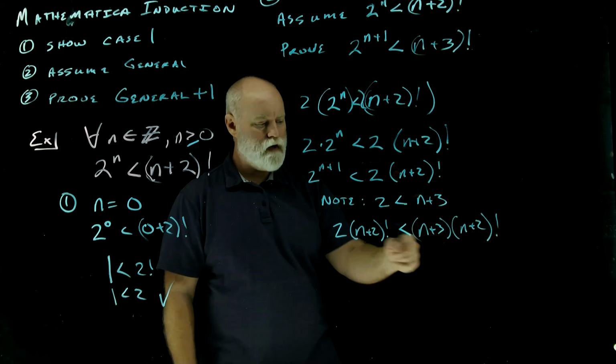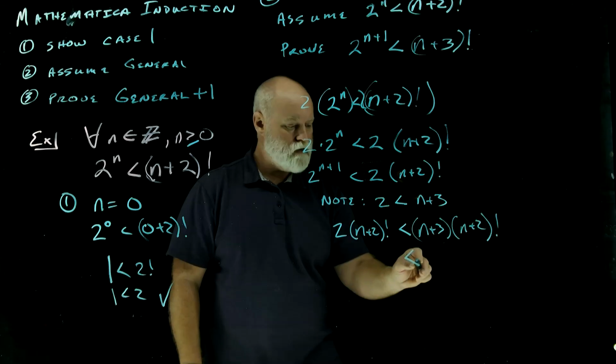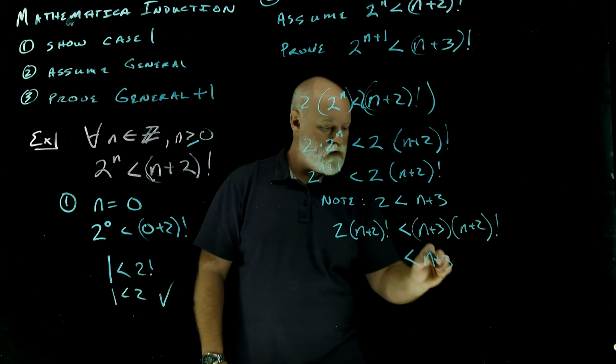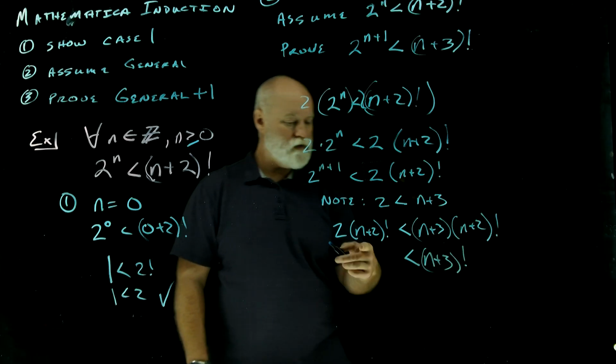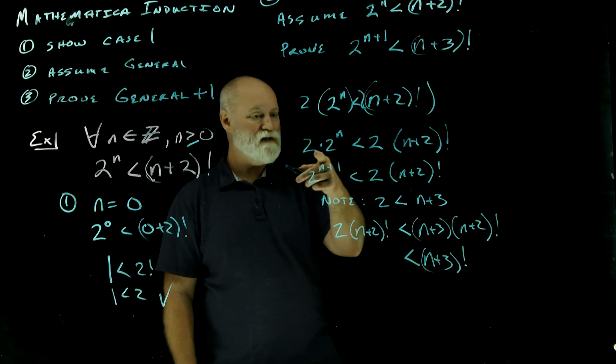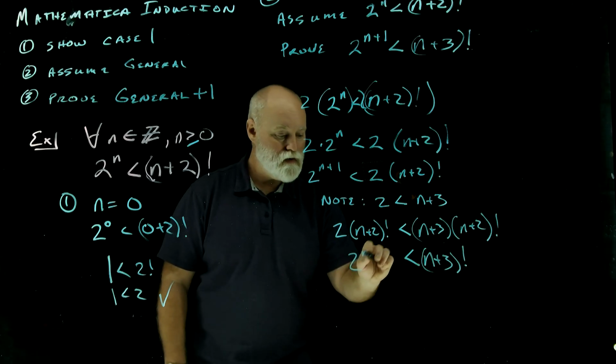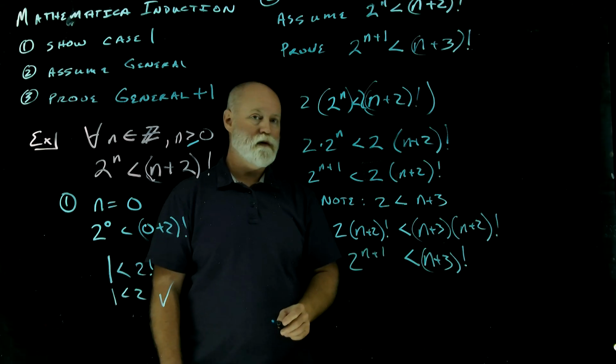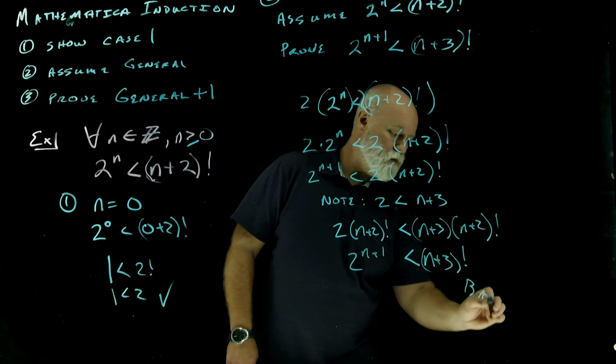Now n plus 3 factorial is larger than this thing, and I knew this was larger than 2 to the n plus 1. Look at that. You got it.